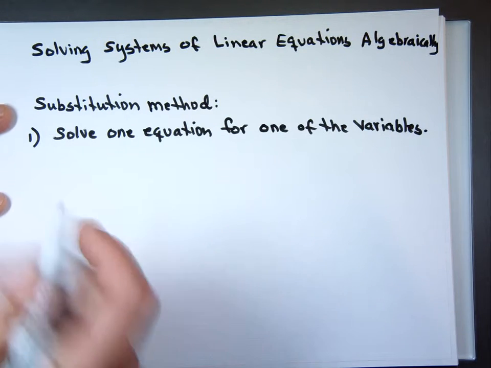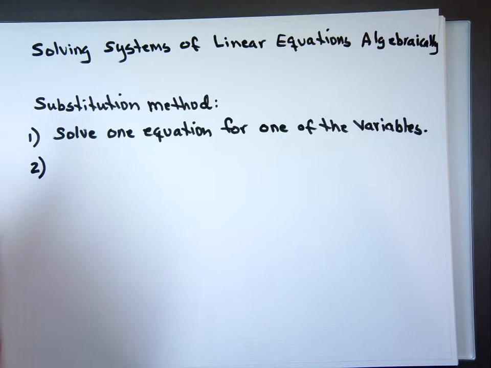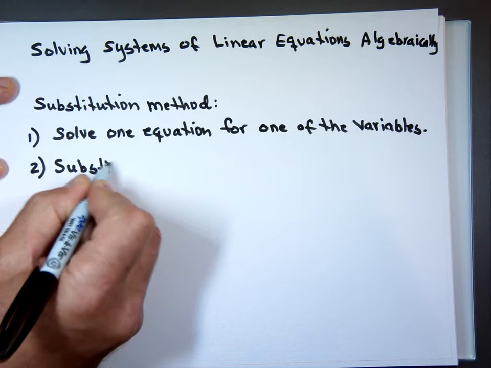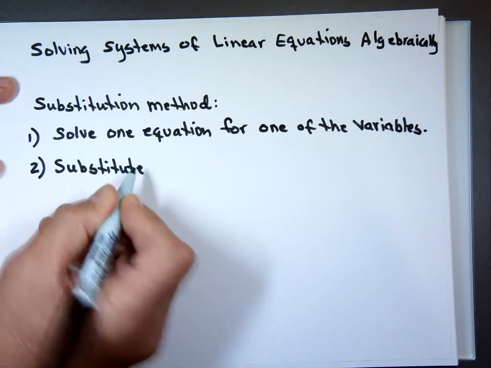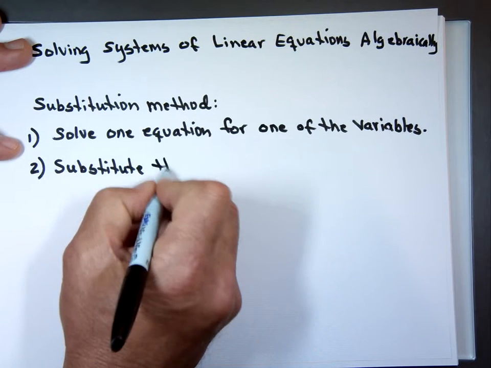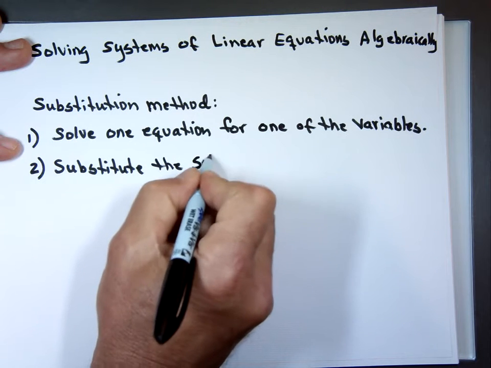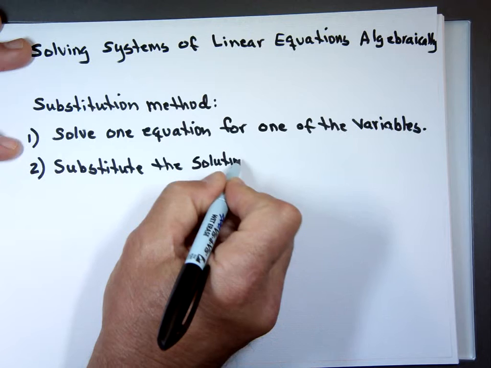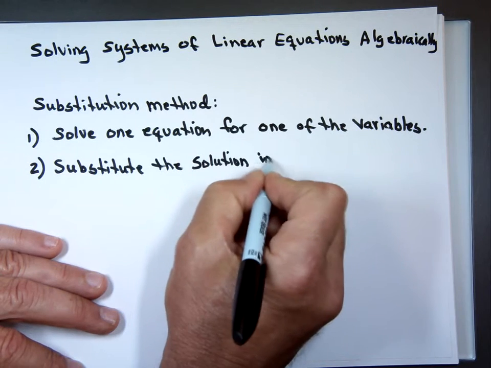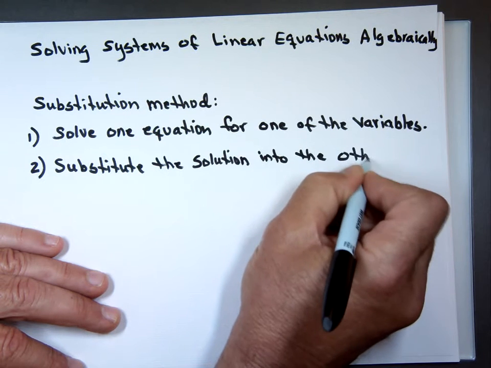And whatever value for that variable you come up with, what you want to do is substitute the solution that you came up with in step number one into the other equation. Now you can't use the same equation.